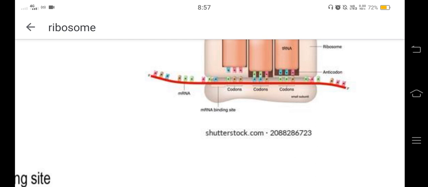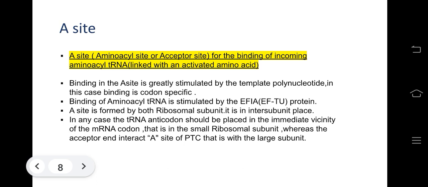Then the P site, peptidyl site or polymerization site, also known as the donor site. The P site is formed by both ribosomal subunits. It is in the inter-subunit space, just like the earlier mentioned A site.